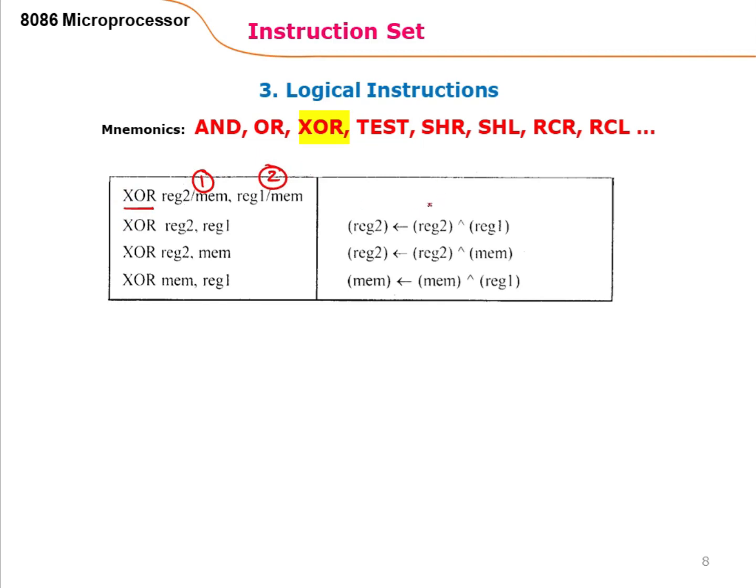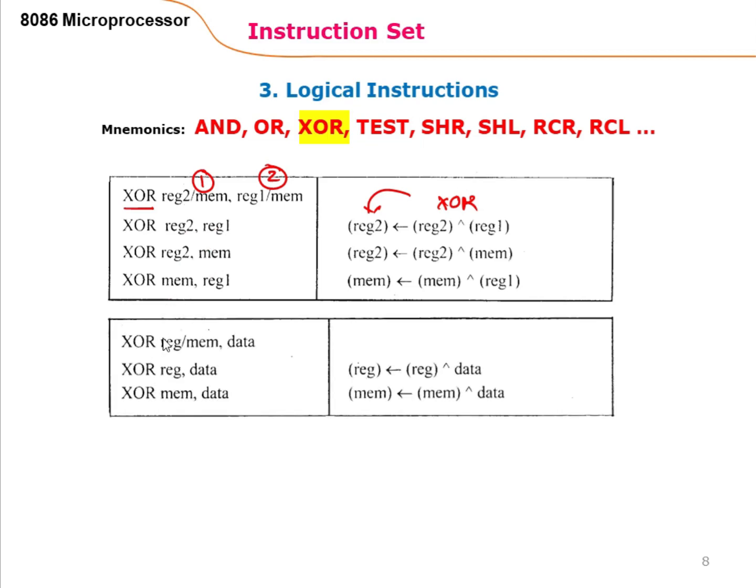Here the contents of register 2 are XORed with the contents of register 1 and the result is stored in register 2. The same happens with register 2, register 1, register or memory, and memory or register.